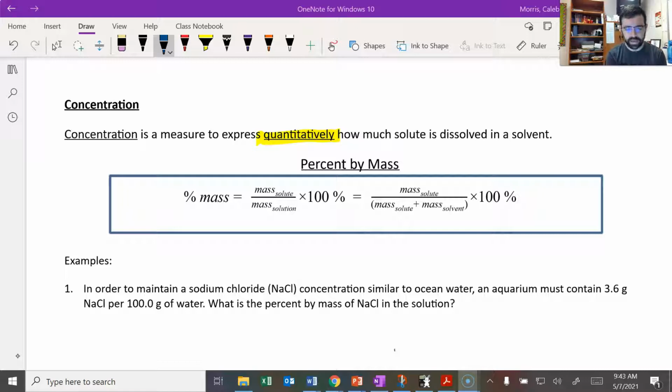It is the mass of your solute, or whatever it is that you dissolved in the solution, divided by the mass of the whole solution times 100. So it's like most of the time when we talk about percent. It's the part divided by the whole times 100. So we've got the mass of the solute divided by the mass of both the solute and the solvent, or the mass of the solution overall, and then you multiply by 100%.